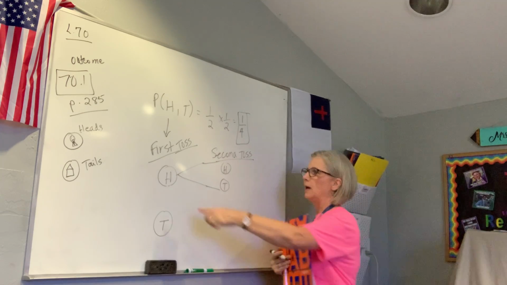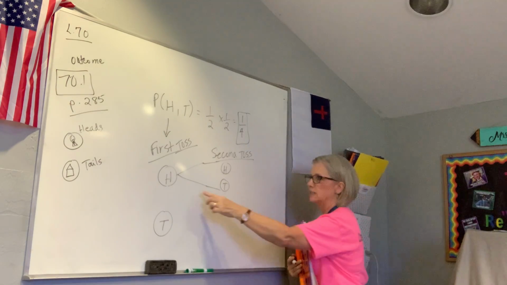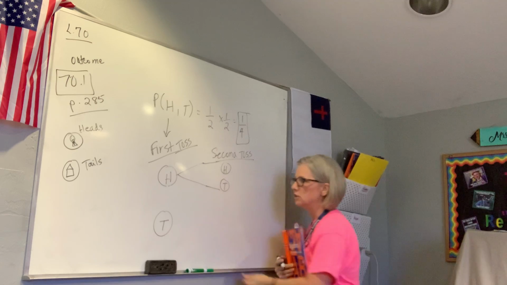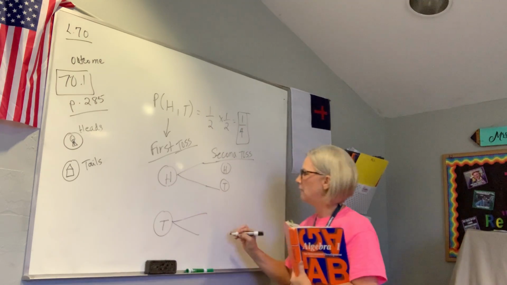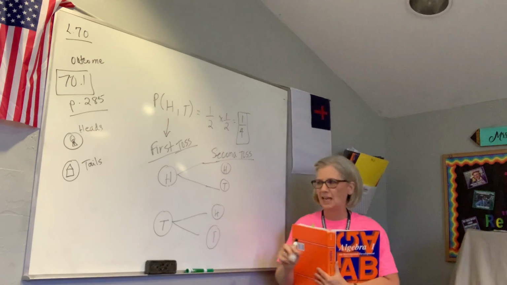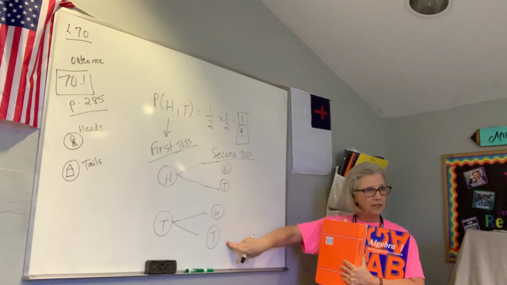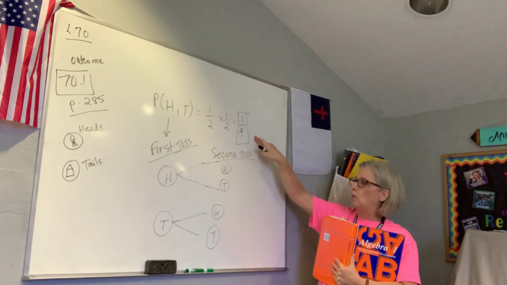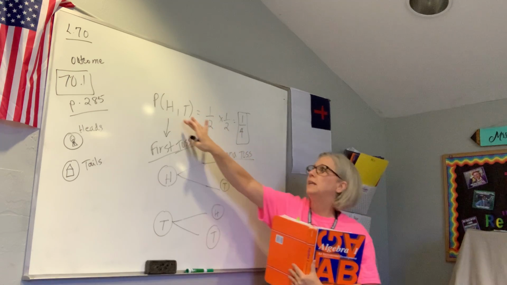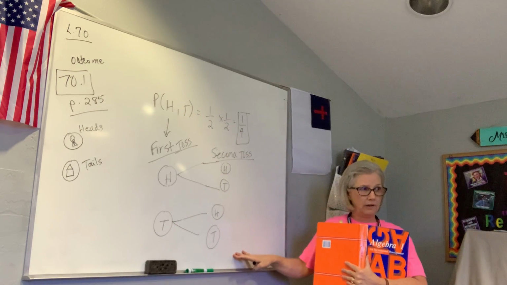So the first flip, I can get heads or tails. The second flip, I could get heads or tails, but it's attached to the fact that I got heads first. Now, what about if I got tails first and I flip the second time? You could still get heads or tails the second time again. But it's all the combinations. How many do I have? 4. 1 in 4. So if you figure out each one of these and multiply them, it actually gives you your final answer.